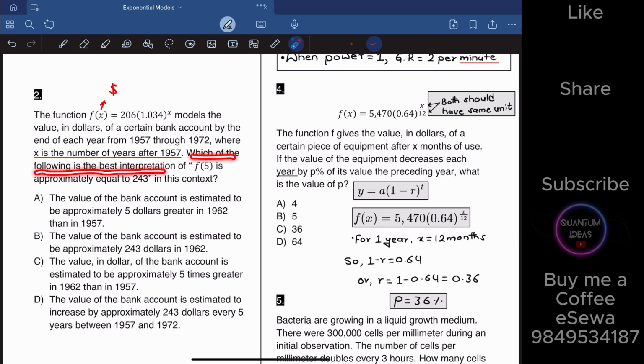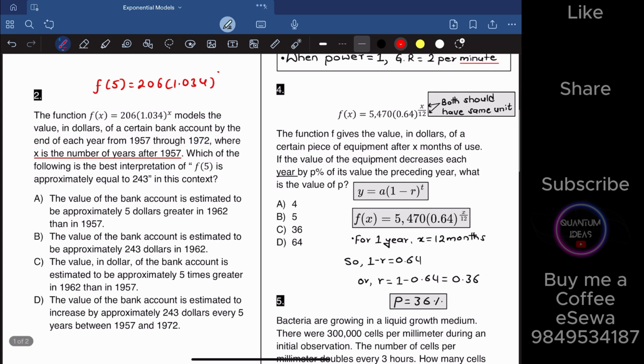Which of the following is the best interpretation of f(5) approximately equals 243 in this context? Okay, again, the value of x is given, so f(x) means f(5). This equals 206 times 1.034 to the power, what is our x? x is 5.